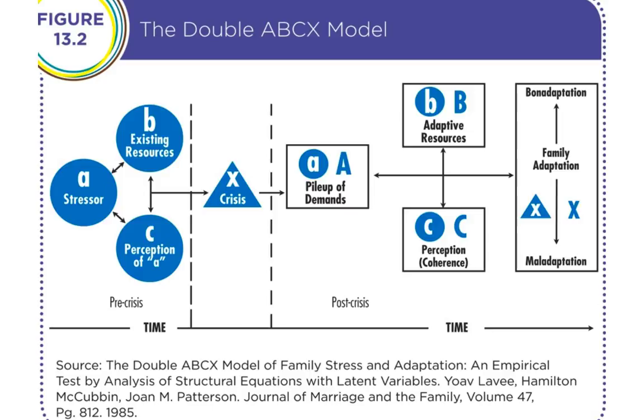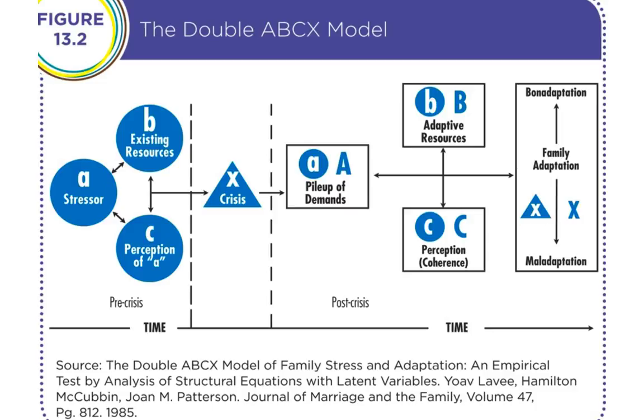There's the initial stressor and its hardship, that's the A. And then there's normative stressors in the family, what are considered the usual kinds of things. There's strains that began before the particular stressor. And then there's the effect of the family's coping. And then there's the ambiguity.